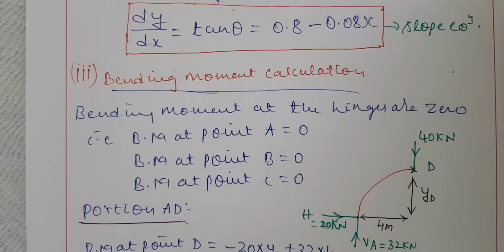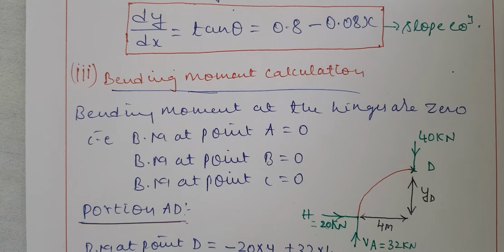We have 3 hinges at points A, B and C. So at these 3 points, we consider the bending moment directly equal to 0, and we have 2 different portions. As I told earlier, wherever the load is acting, you have to consider that portion first, and then consider the other section where no load is given.